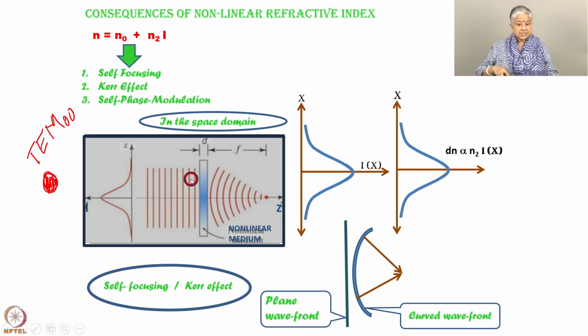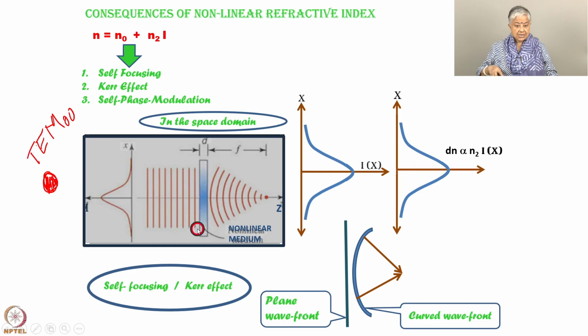So, the wavefronts are plane wavefronts from this beam. When they impact with this medium, it brings about a change in the refractive index, which is shown partially by this bluish color, which is deep at the center and light colored at the edges, because the refractive index is less here and more here where the color is deep blue.